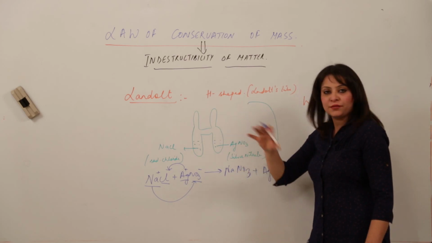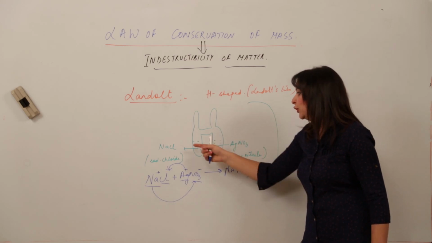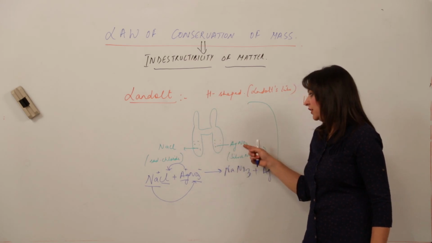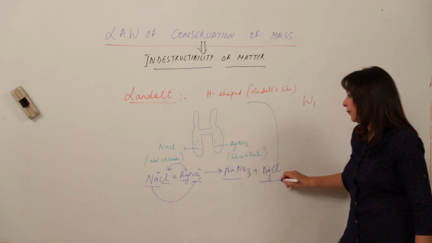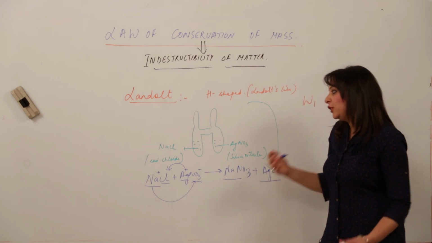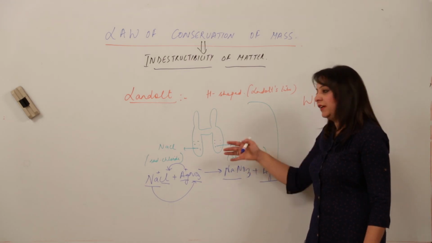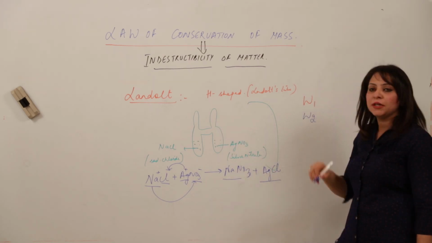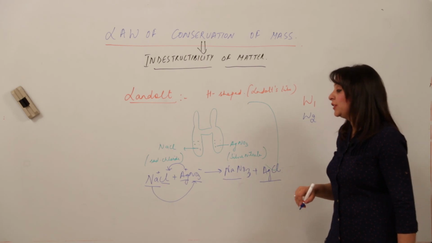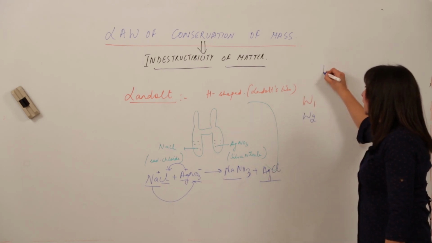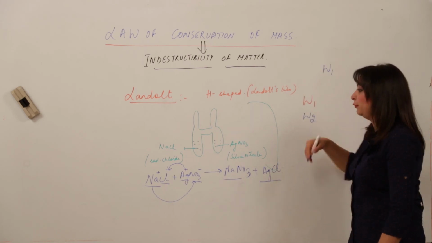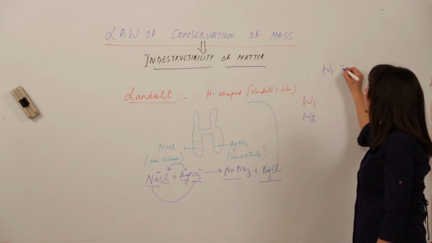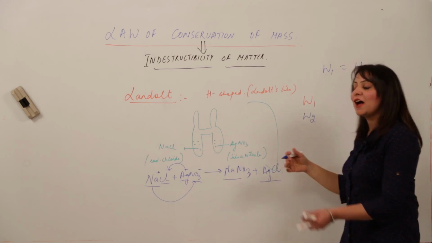That means after shaking, the solution no longer remains NaCl and AgNO3. It is now formed as this. So when he knew that the reaction had taken place, he again weighed the tube. Let's say the weight comes out to be W2, and you will be surprised to know that the weight before the experiment, before the mixing of NaCl and AgNO3, was equal to the weight after mixing.